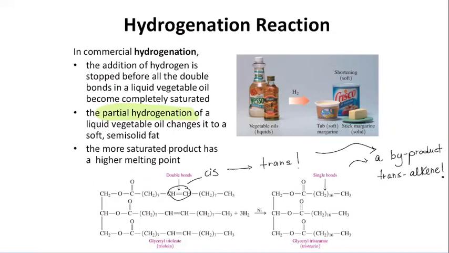The reason why we don't want to consume trans fat is because our body doesn't have the biomolecules to turn those trans fat into cis fat so we can utilize them. Biochemically, we do not have that incorporated into our cells. So trans fats can lead to many things: accumulation, problems with cholesterols.